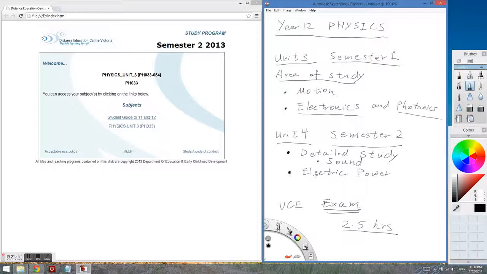In electrical power, you're going to learn the basic theoretical concepts of producing electricity. How do we produce electricity using mechanisms? That's another area of study. The last area of study is light and matter.